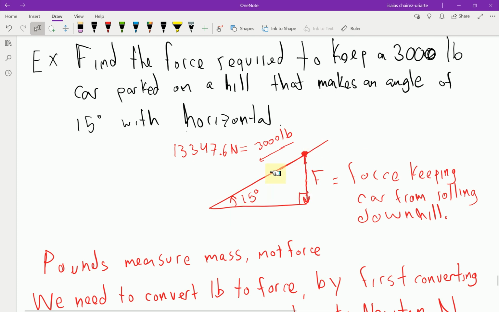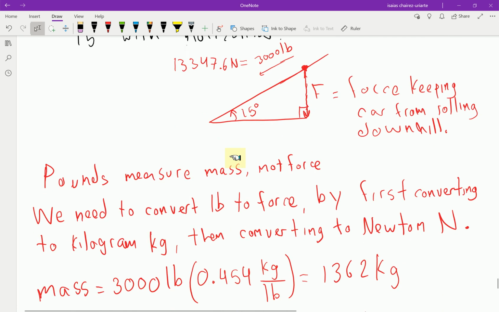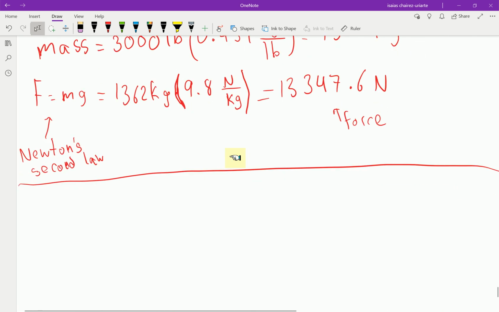Look at this picture. It's a right triangle. I want the length of this vertical line, and you know the hypotenuse of this right triangle. So what trigonometric function do you think works well here? I would say sine. Sine of 15 degrees involves my opposite over my hypotenuse. Those are the things I want to play with. So let me write that down here.